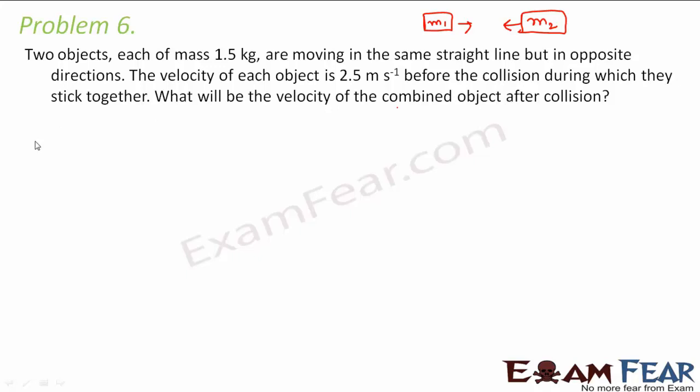So that means these two objects come towards each other, they collide, and after collision they stick to each other. So what will be the velocity of the combined object after collision? Right? So here, what is the data that is given? Mass of 1 and 2 is equal to 1.5 kgs. Velocity of 1 is equal to velocity of 2, that is equal to 2.5 meter per second.